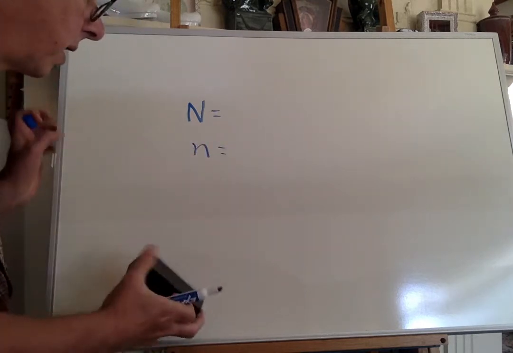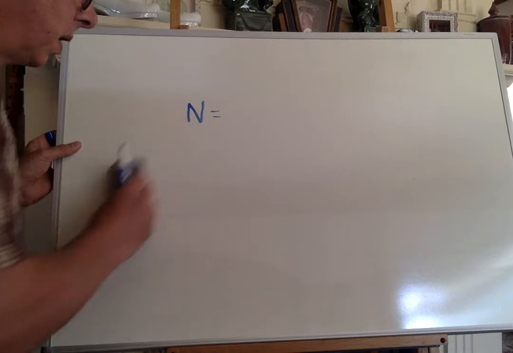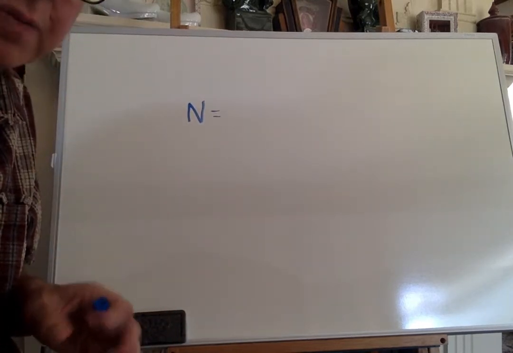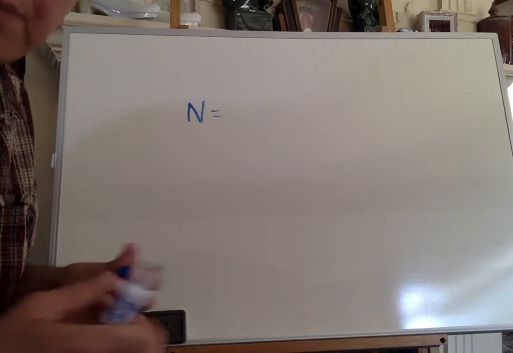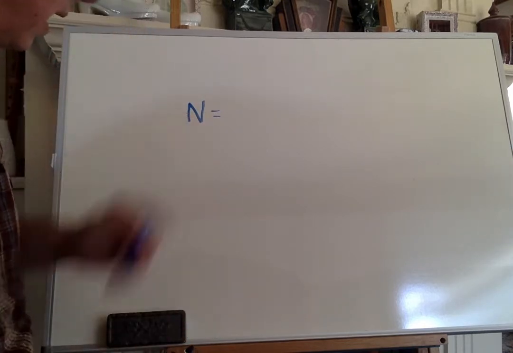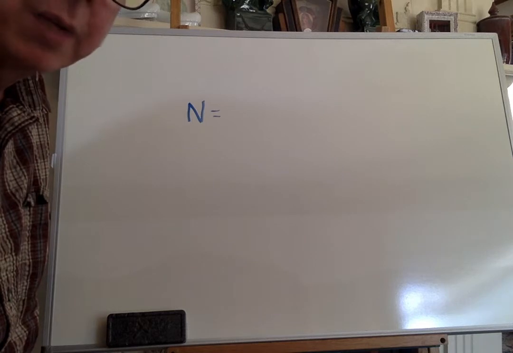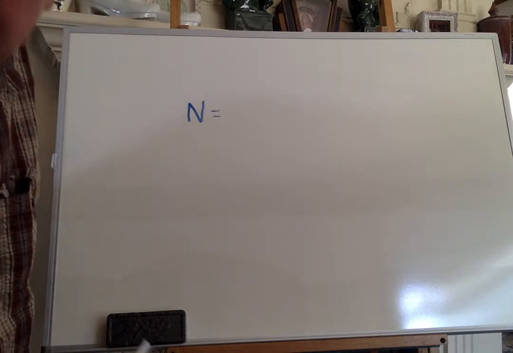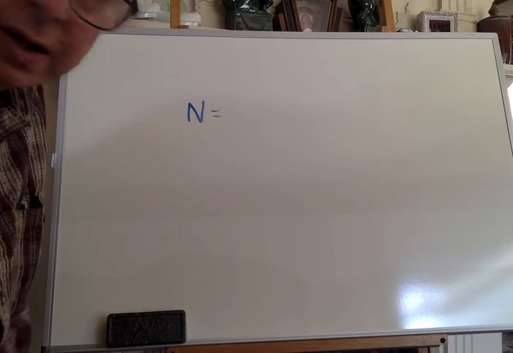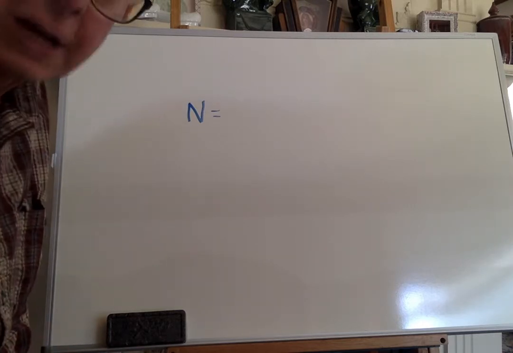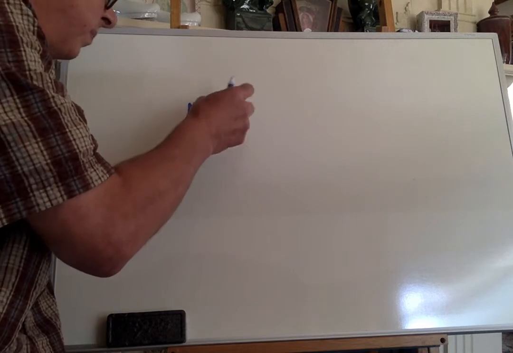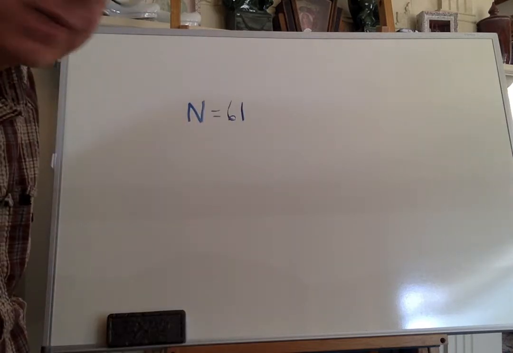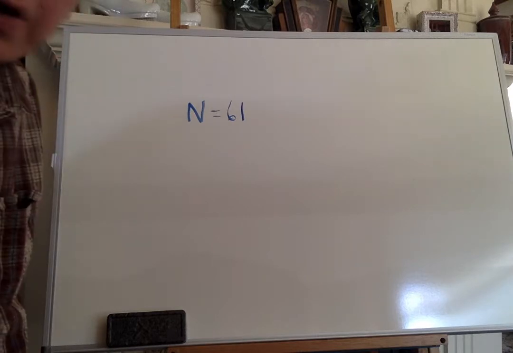For right now, we're not going to worry about samples. I'm just interested in this group of numbers, and so that becomes a population. How many numbers do we have in this data set? You'll be able to count those. We have 61 people that responded. 61 is our N.